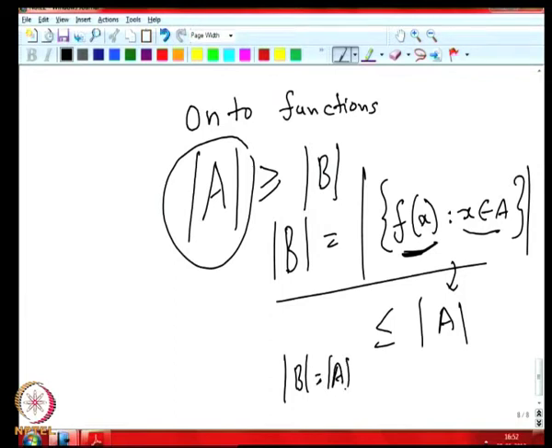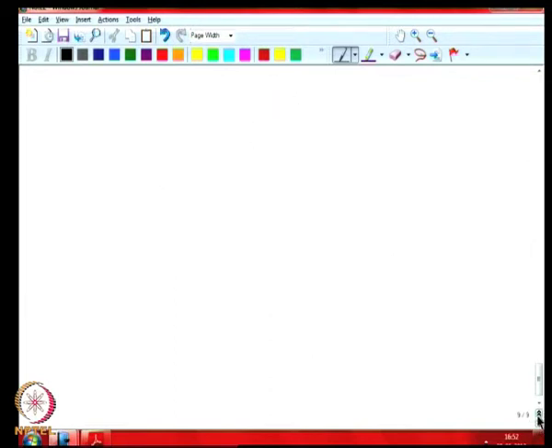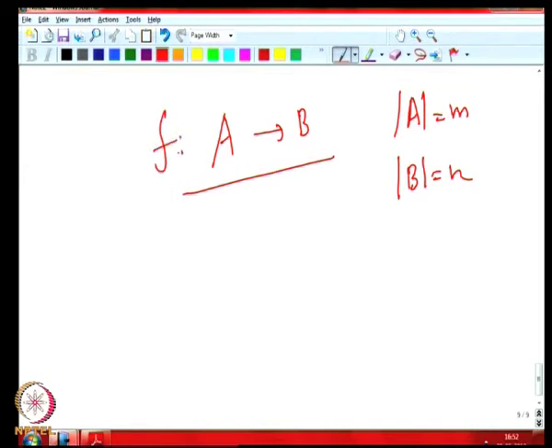Now we want to count how many onto functions can be there from A to B. So let's assume that the cardinality of A is equal to m, and the cardinality of B is equal to n. If you were just asking for the number of functions, we all know that it is n to the power m.